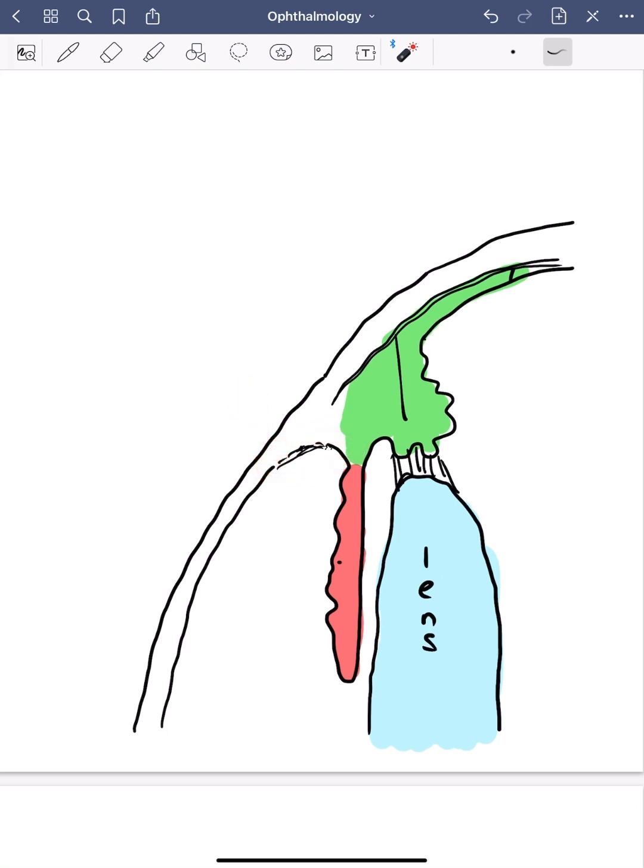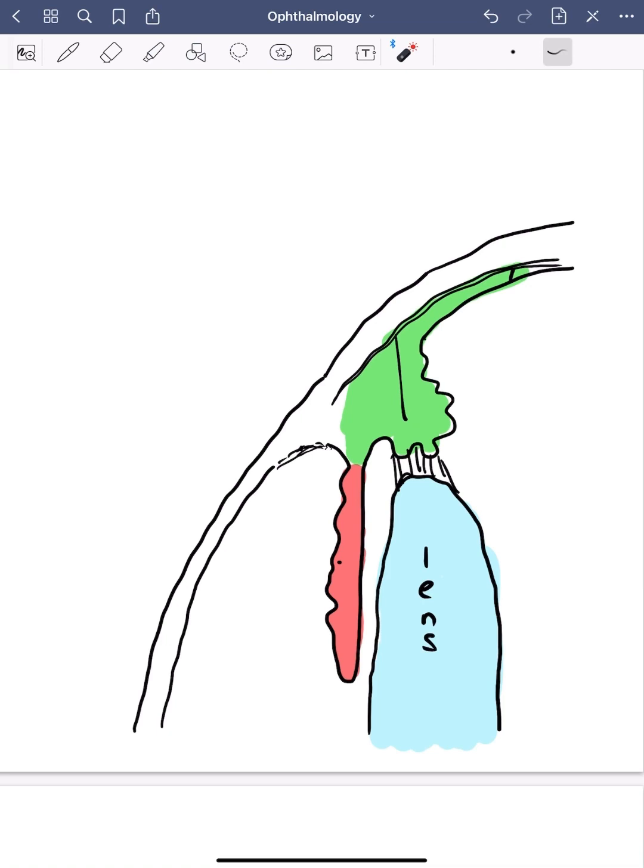The normal flow of aqueous humor is that it is produced by the ciliary body and flows through the posterior chamber into the anterior chamber, and from here it drains out through the trabecular meshwork. Here we have the canal of Schlemm, and through the canal of Schlemm it drains into the episcleral veins. Okay, so this is the normal flow of aqueous humor.